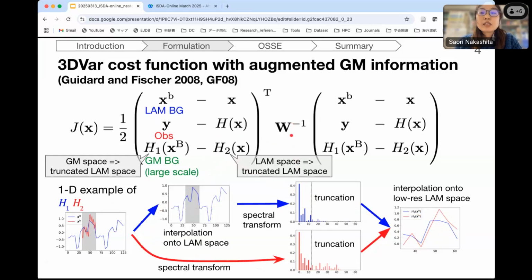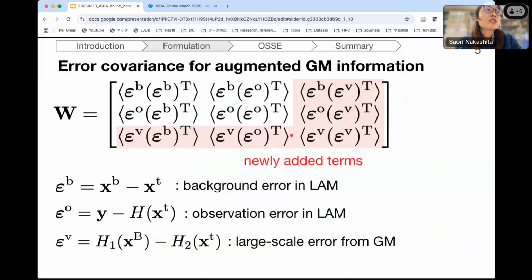Then the augmented error covariance W is constructed using the three error sources. Here x_t refers to the true state for the LAM, and the large-scale error is defined using the previously defined two operators, H1 and H2. Then the error covariance has 3 times 3 components with 5 newly added covariances.